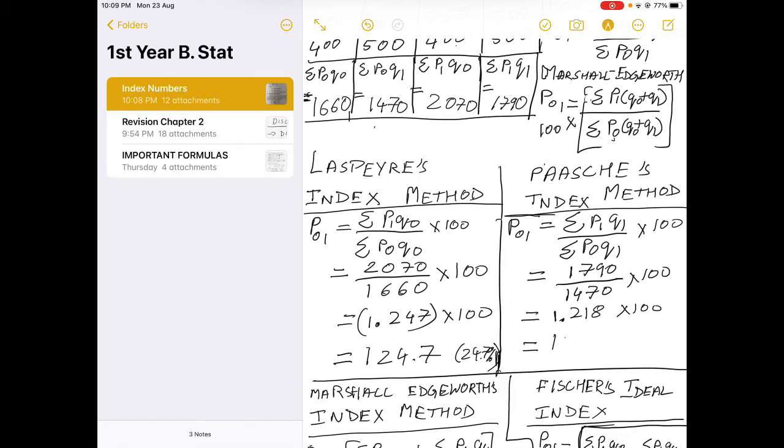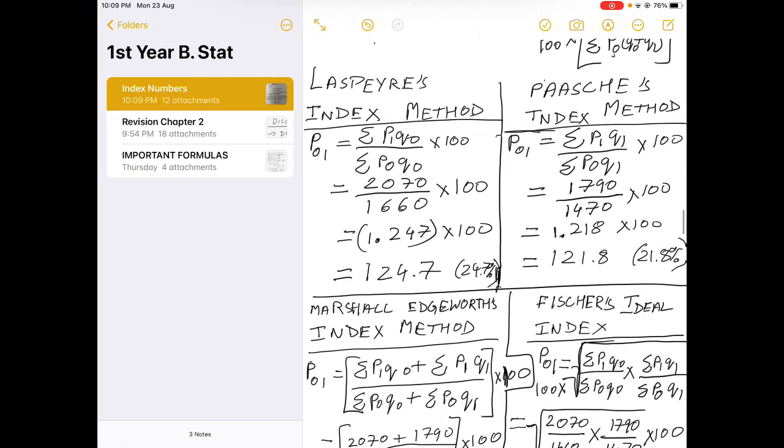That means 121.8 is my index number, which means inflation of 21.8%. Now the Paasche index is the lower limit and the Laspeyres method is the upper limit of all index numbers. All the rest of the index number values will lie within these limits. So the upper limit is 124.7 and the lower limit is 121.8.